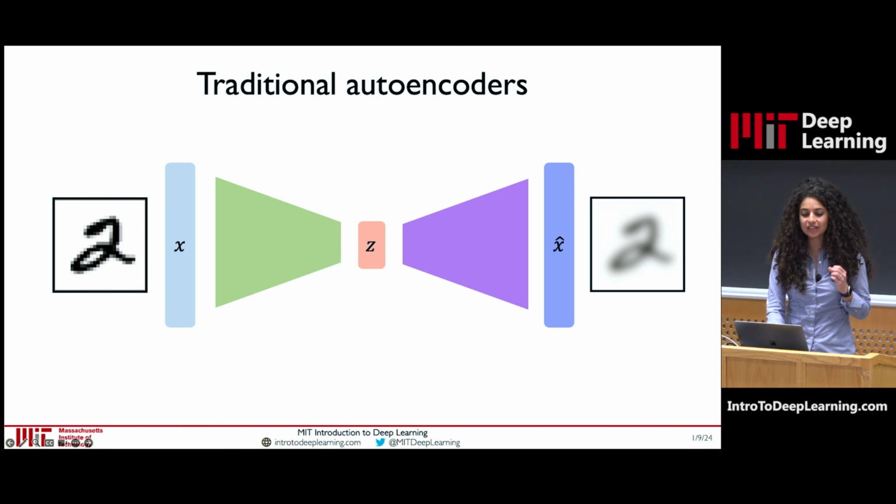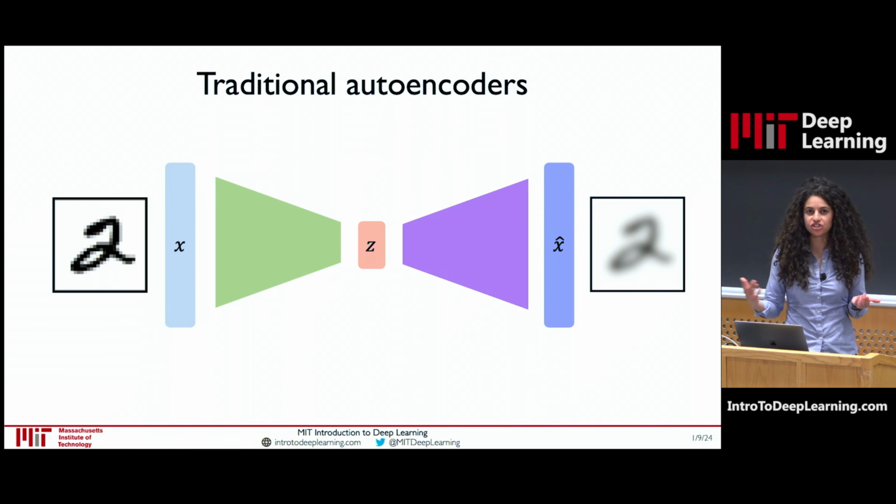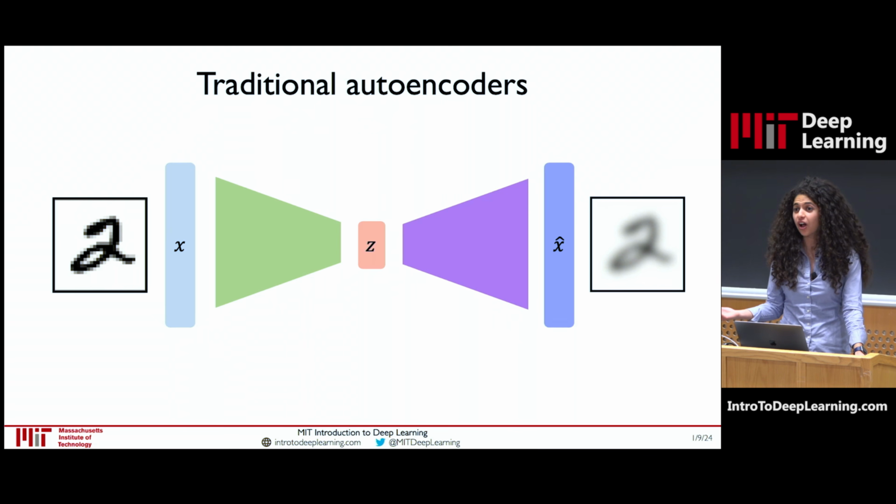This latent encoding Z is just like any other neural network layer, meaning that once it's trained, once the network weights are finalized, no matter how many times you put this input in, if those weights hold still, you're going to get that same reconstruction out. It's a deterministic operation. It's not super useful if now you want to generate new samples, because all the network has learned is to reconstruct.